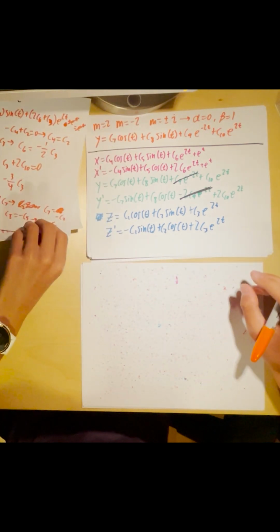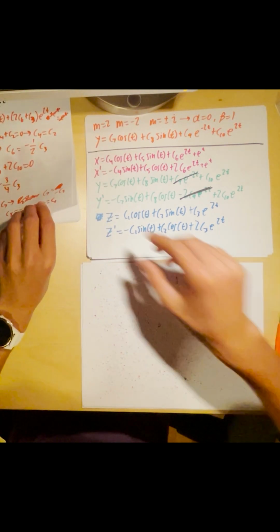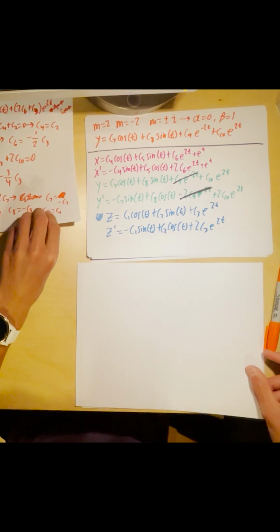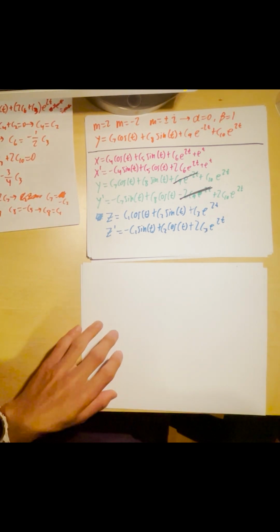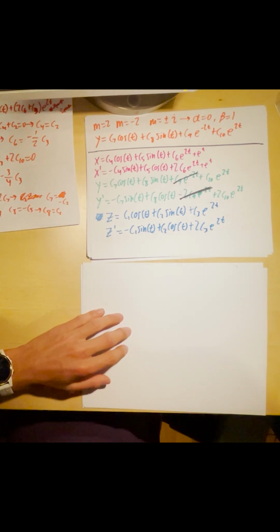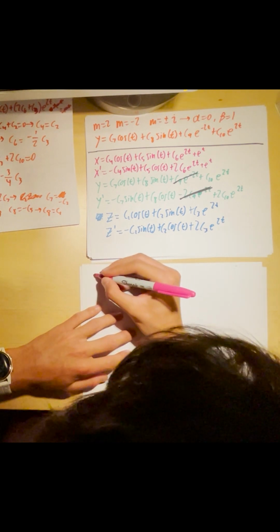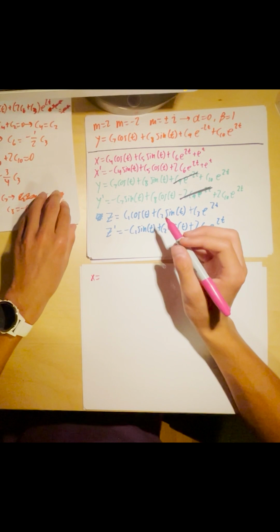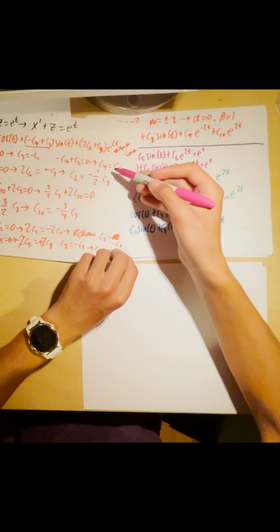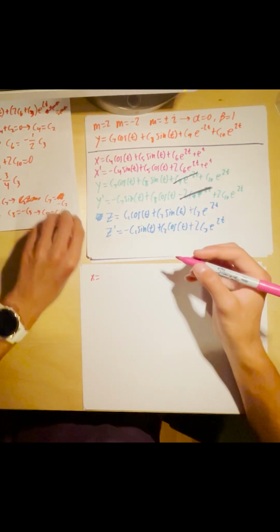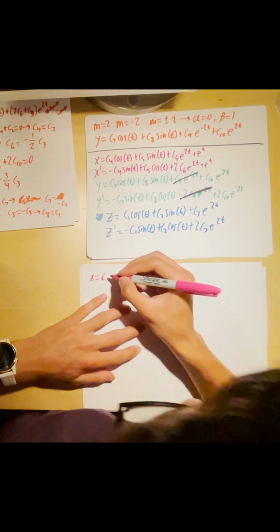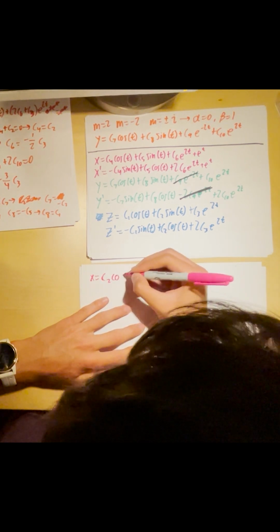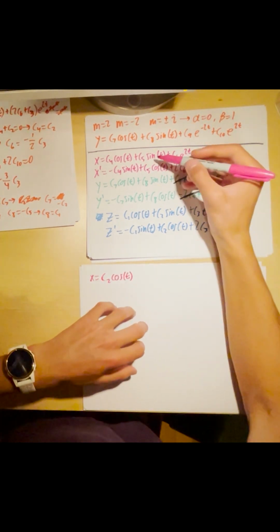But now we can plug into our equation for x, y, and z, and we'll have our final answer at the end. So x equals C4 cosine t. Over here, C4, we found it equals C2. Great. C2 cosine of t.